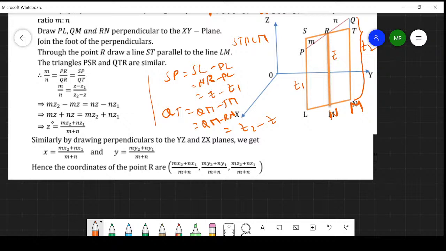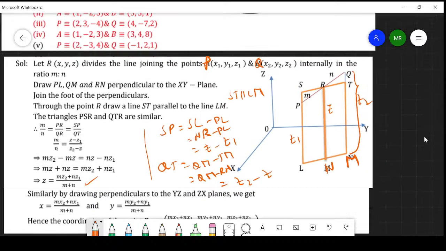Take Z common, so Z into M plus N is equal to this. Z equals MZ2 plus NZ1 by M plus N. I got the Z coordinate of R. We want to find R only. R divides P in the ratio m is to n.